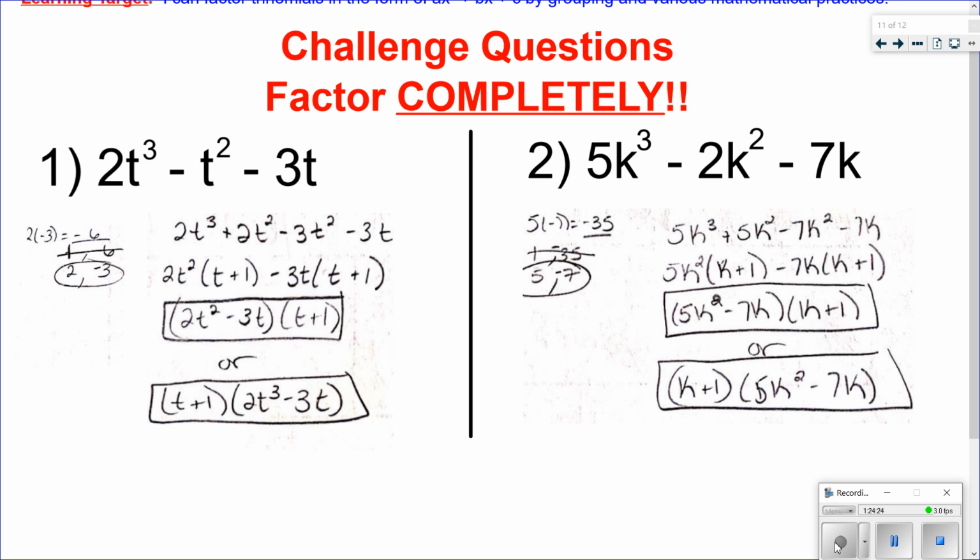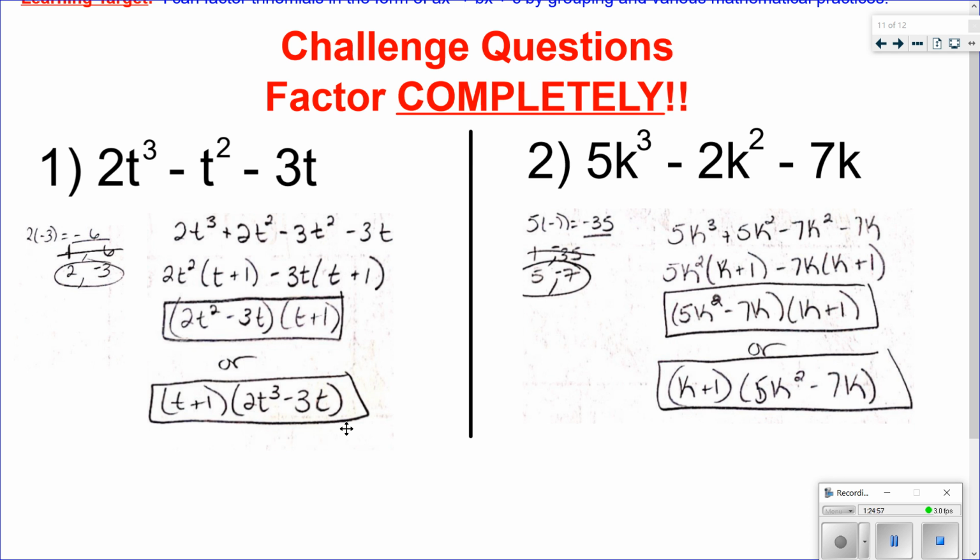And then so your answer here is t. These are challenge questions, so you could have 2t squared minus 3t times t plus 1, or you could put t plus 1 times 2t to the third minus 3t. I would accept either one.